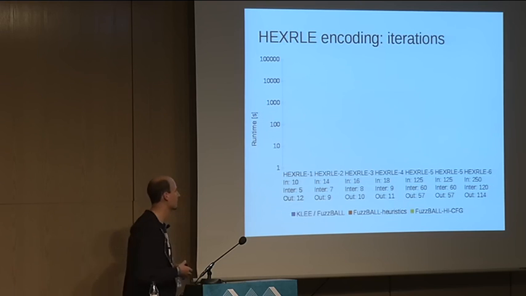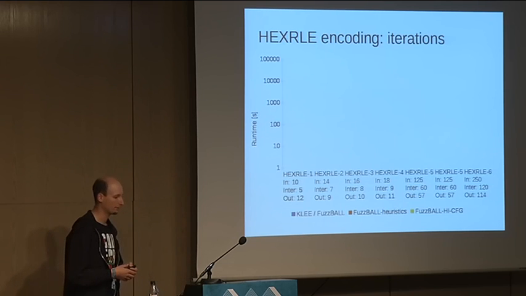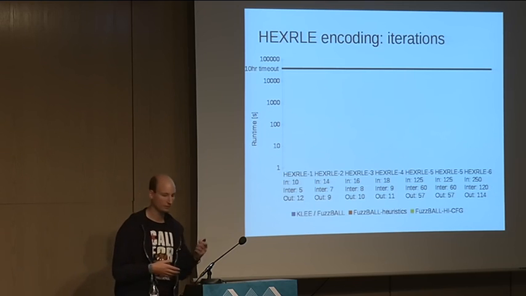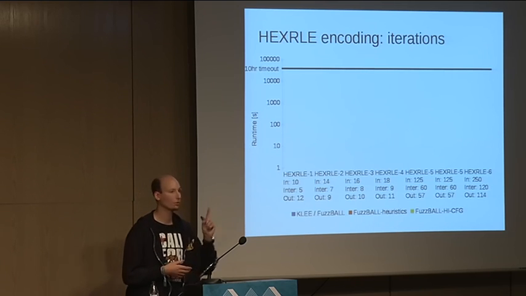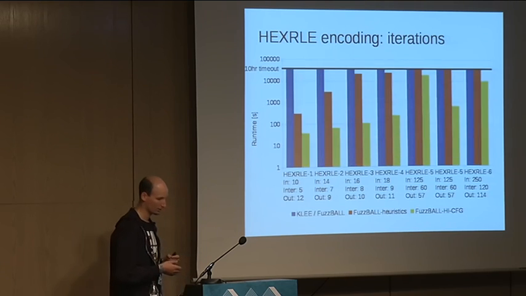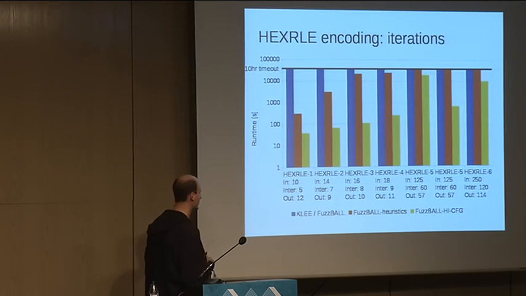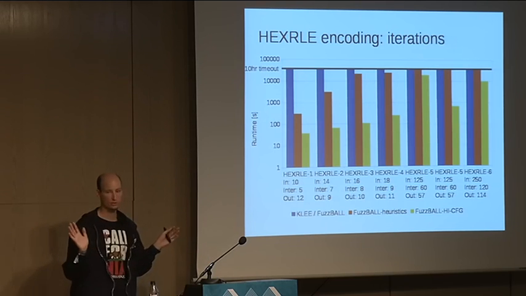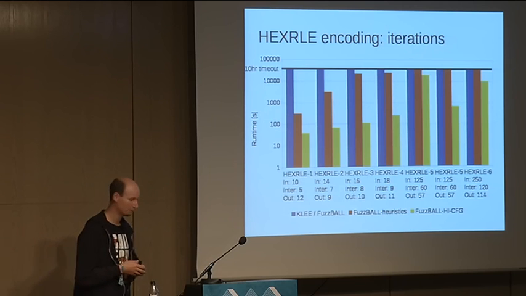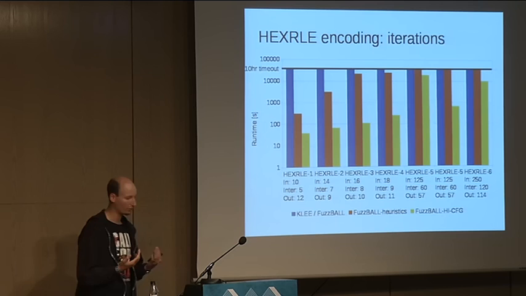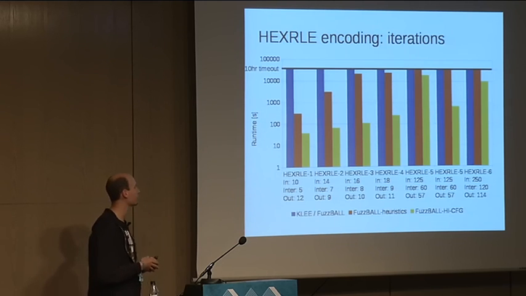On the y-axis, again, we have the logarithmic scale. And again, a 10-hour time limit on our cluster for single core computation. What we see is that the monolithic symbolic execution engine, as used by CLI or fuzzball, runs into the 10-hour time limit every single time for these configurations. If we use our heuristics, we're doing a little bit better.